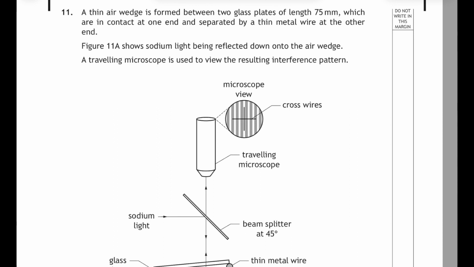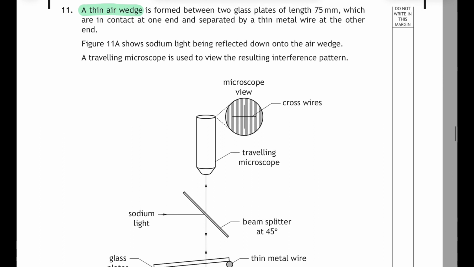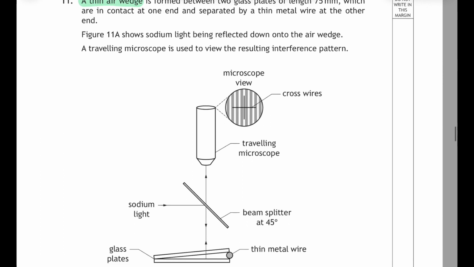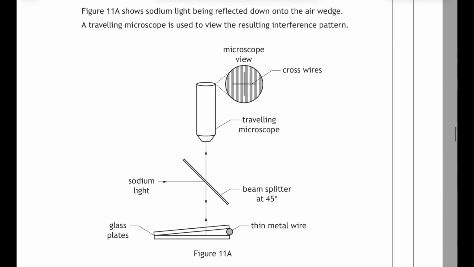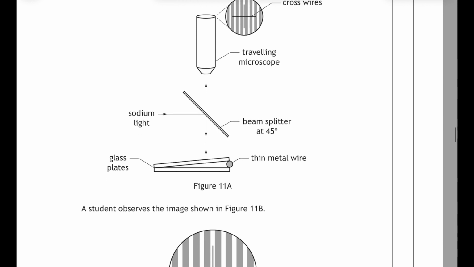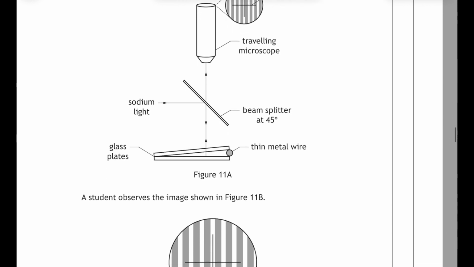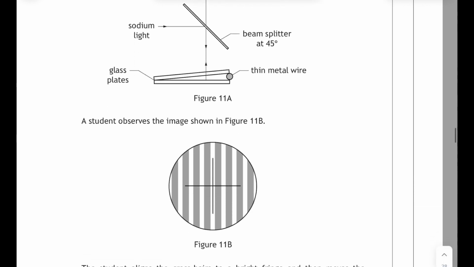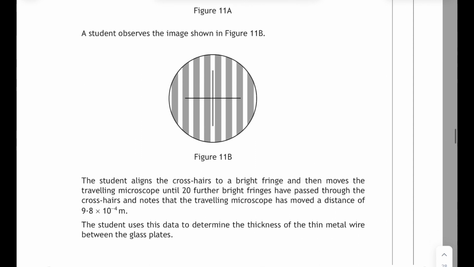And figure 11a shows sodium light being reflected down onto the air wedge, and a travelling microscope is used to view the resulting interference pattern. Now, I've already done a video of this very experiment, or you may have done it yourself, but there's the setup there. The student observes the image shown in figure 11b by looking through the travelling microscope.